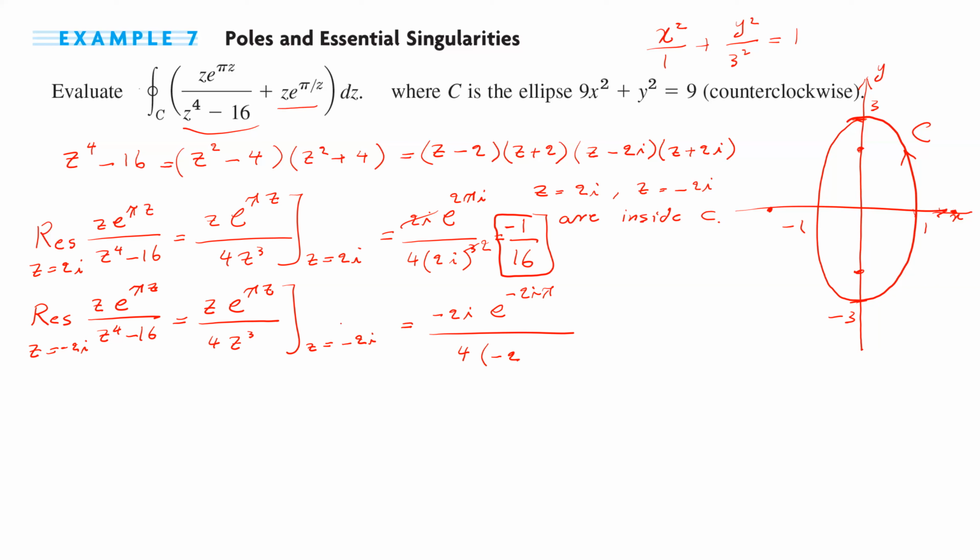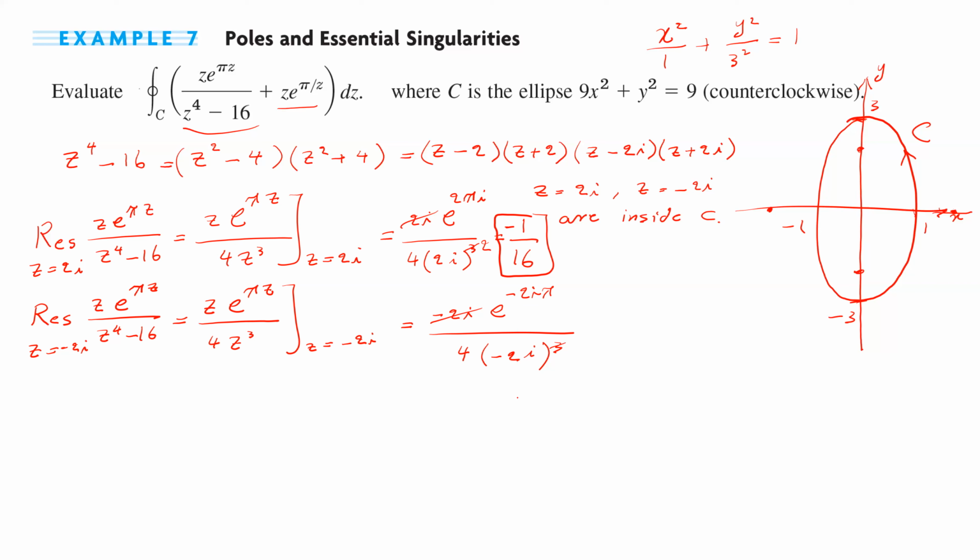I can cancel one of the z's from the beginning, and this cancels with one of these. So you get negative 2 squared, i squared, right? And e to the negative 2 pi i is also 1.